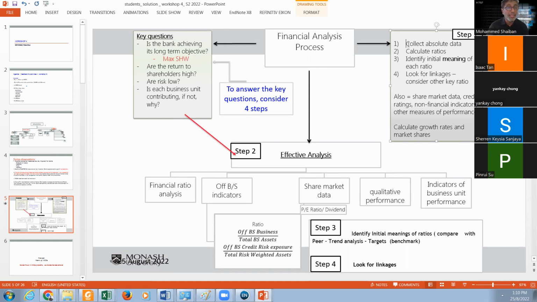In that analysis, you have to collect data, both external and internal. Then you have to calculate what we call the financial ratios data, which is the ROE, the risk measures, all those ratios.